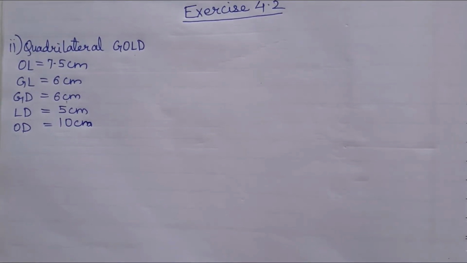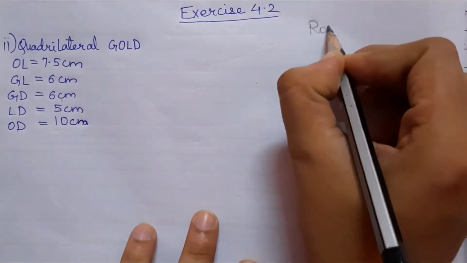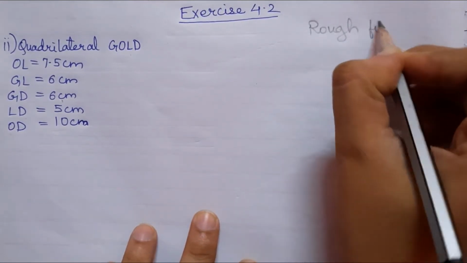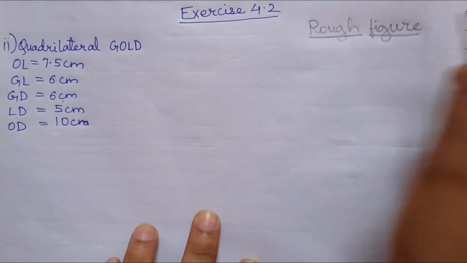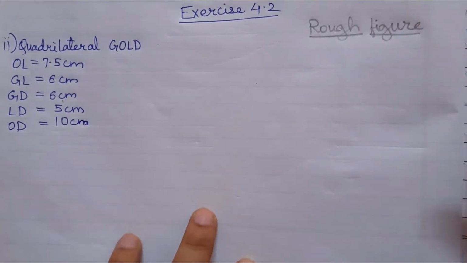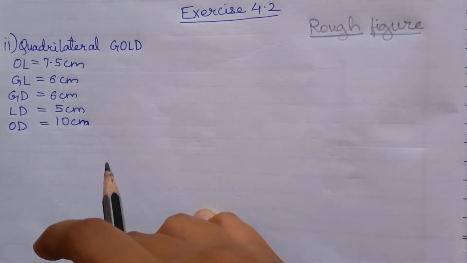Now wherever we have a construction, we always start with the rough figure. So we will first draw the rough figure. Now here, whenever we have diagonals given, we always start the construction with the diagonals.